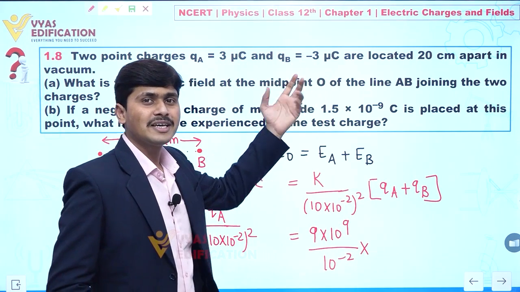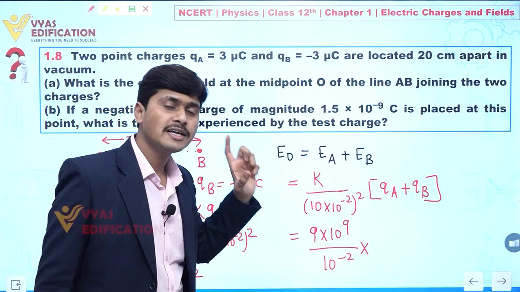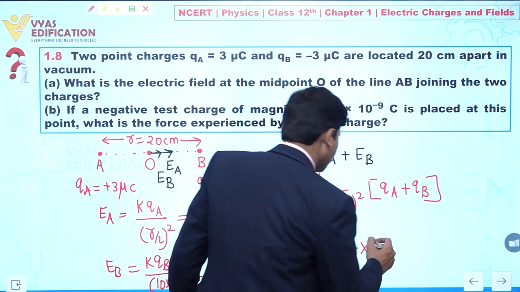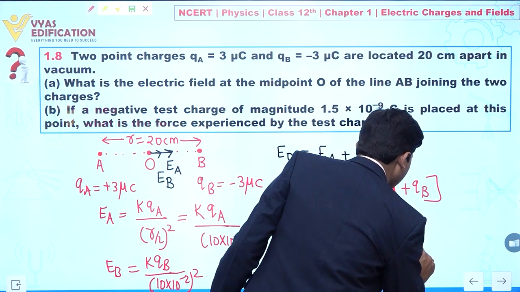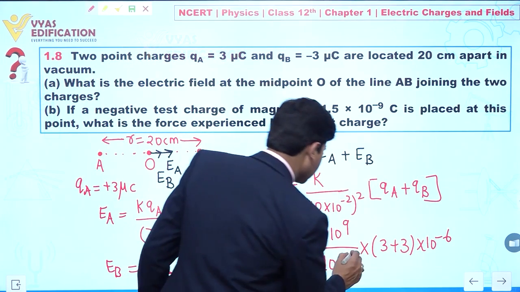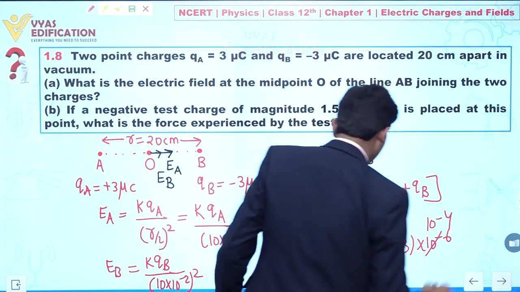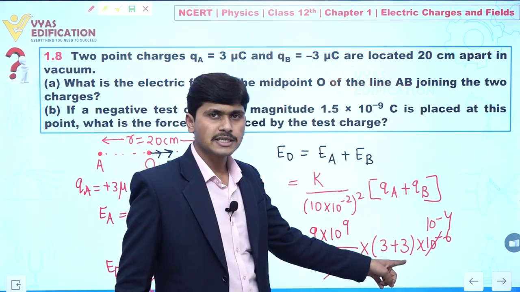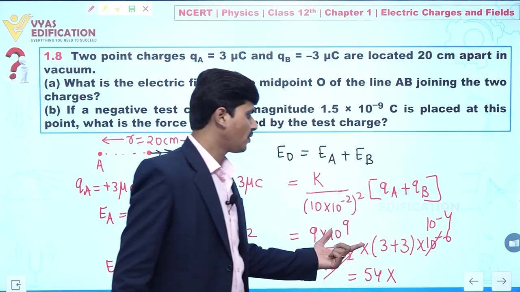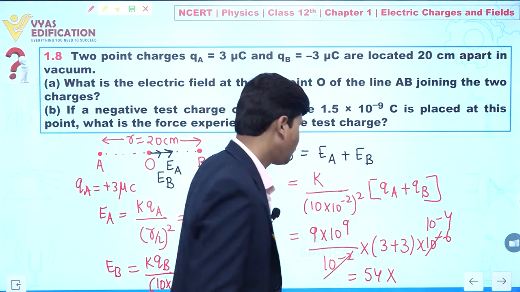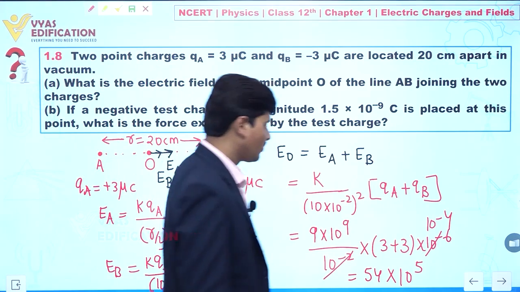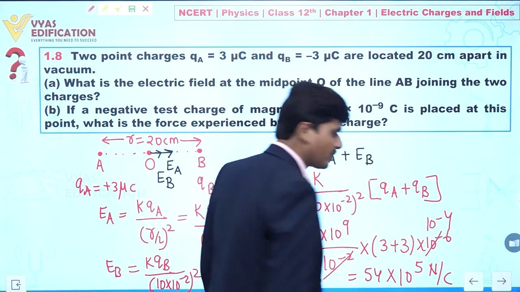Important point: here you cannot write minus, because we have already taken direction logically, so we put just the magnitude. So we have 3 plus 3, that is 6 microcoulomb, 6 into 10 to the power minus 6, so this gives 10 to the power minus 4. So 9 multiply 6 is 54, so this is 54 multiply 10 to the power 9 into 10 to the power minus 4, that is 10 to the power 5. What is the unit of electric field? This is Newton per coulomb.